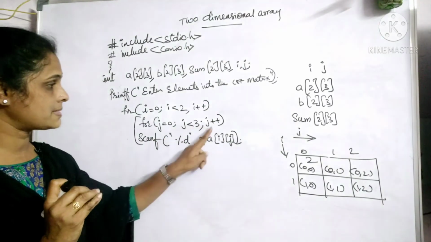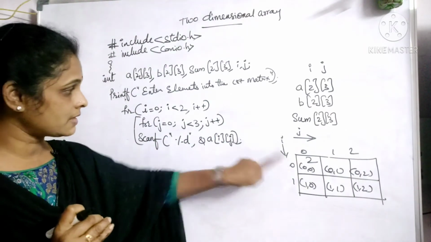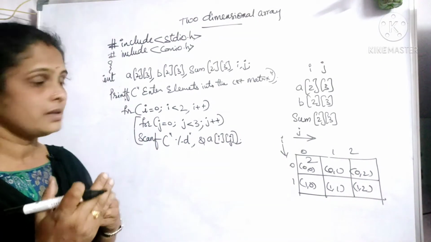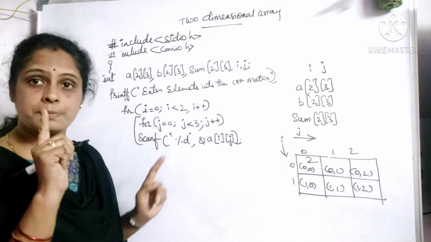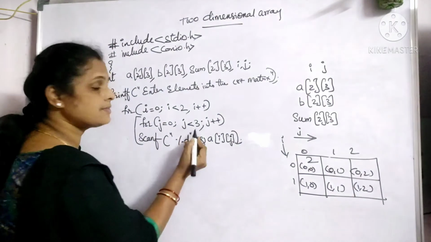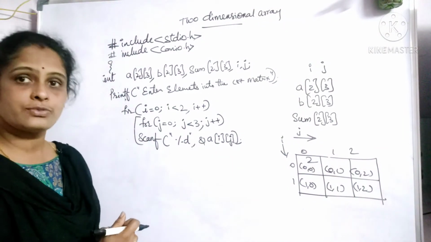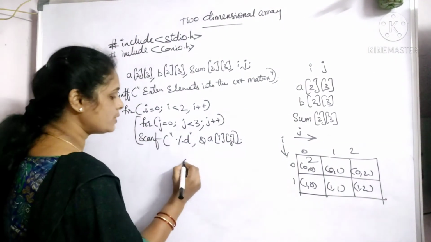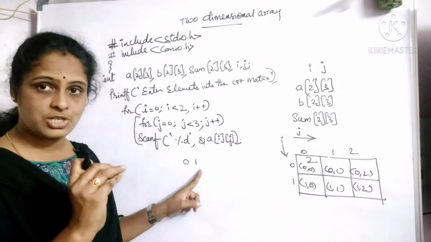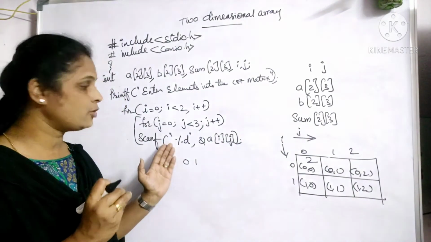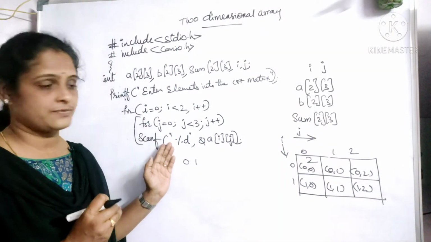And what happens after that? After this one, the value of J will be incremented. After 0, the value of J becomes 1. Is 1 less than 3? Yes, it is less than 3. So again the I value is 0, J value is 1. So at the 0, 1th position a value will be accepted through the scanf statement.